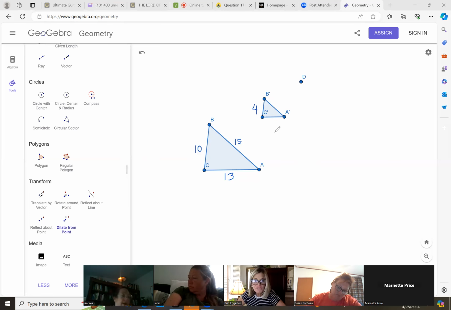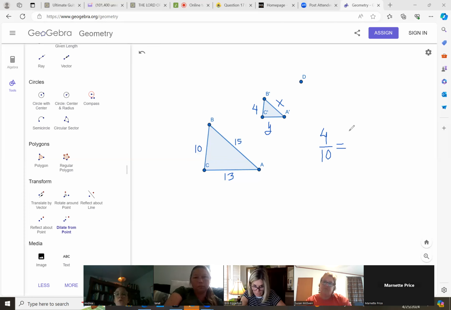And now we have this side is a length X and this side is a length Y. We'll use that scale factor to set up a proportion with the other side lengths, because we have similar figures under dilation.